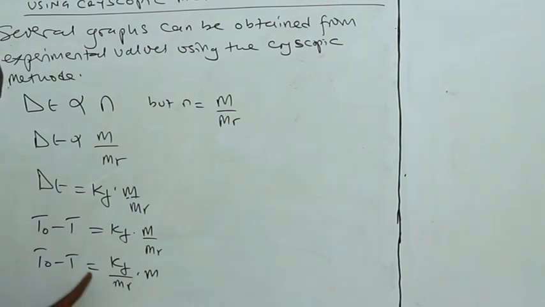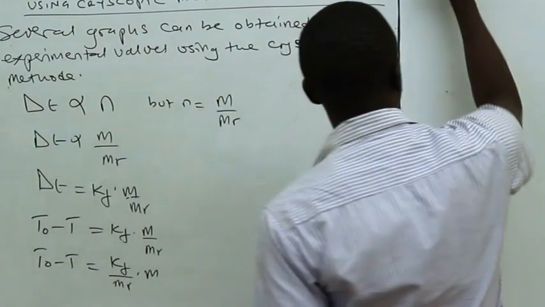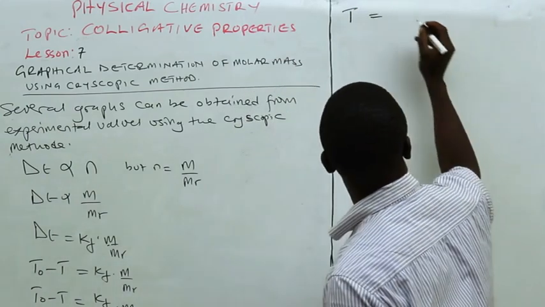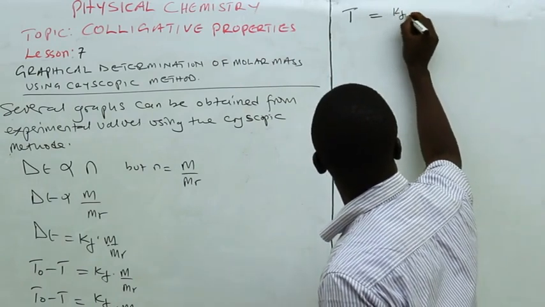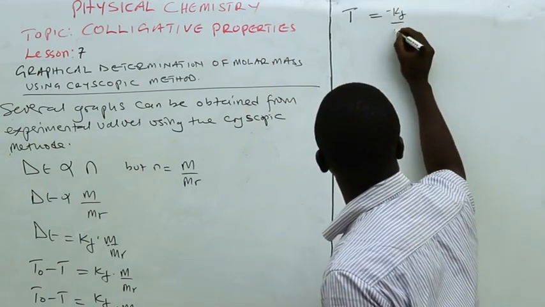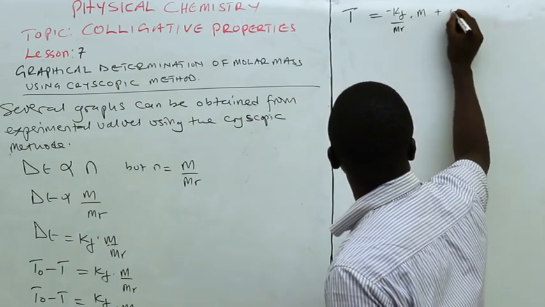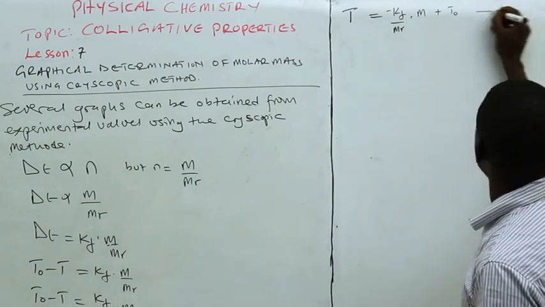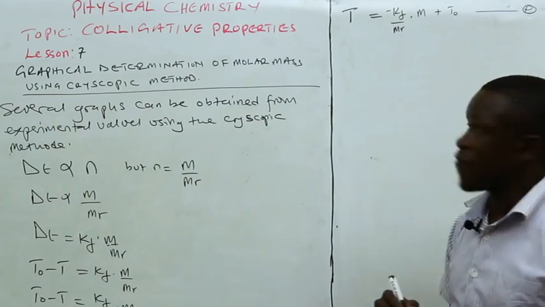So I could make the freezing point of the solution the subject. Then I'll have T equal to minus Kf over molecular mass times our variable m, plus T0. So this is the equation that we can base on to plot a graph.